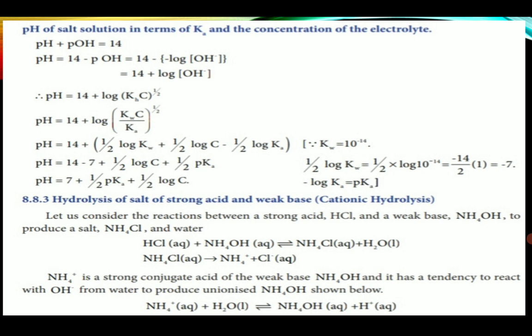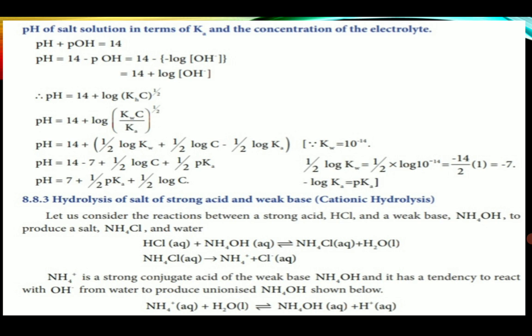So from this equation, pH is equal to 14 minus pOH. Minus pOH is nothing but plus logarithm of the hydroxyl ion concentration, since minus of minus becomes plus. Therefore 14 plus log of hydroxyl ion concentration.